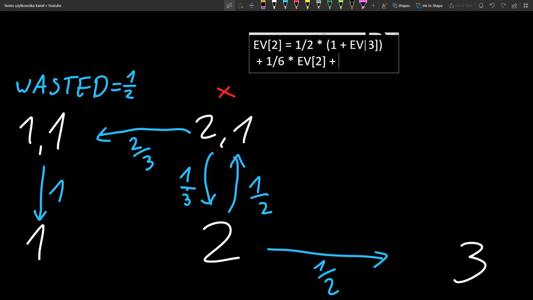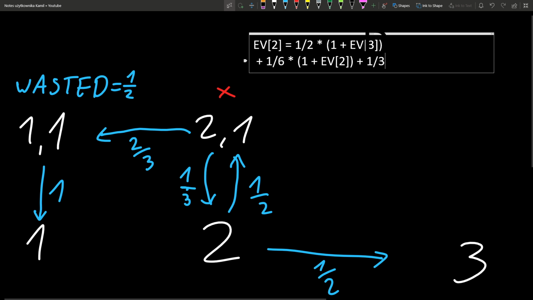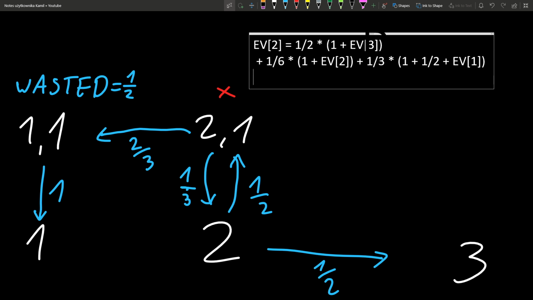So with probability 1/2 times 2/3, 1/3, but it still wasted a move. With 1/3, we move there. It's also just one move. Yes, it's one move because I only count moves up and right. Other things are just counters to that. 1 plus, this is expected wasted time at 1, 1. Plus EV of 1. And I know, by the way, that EV of 1 is something already. Well, it's X.